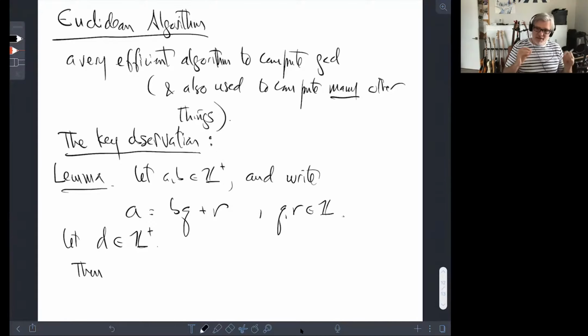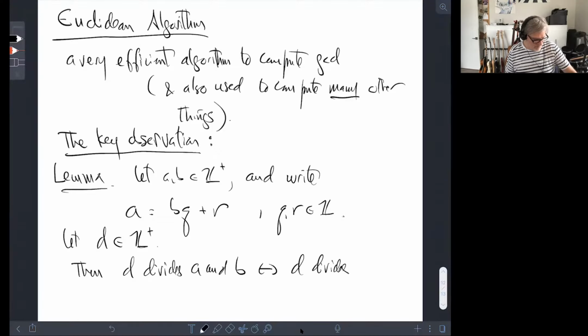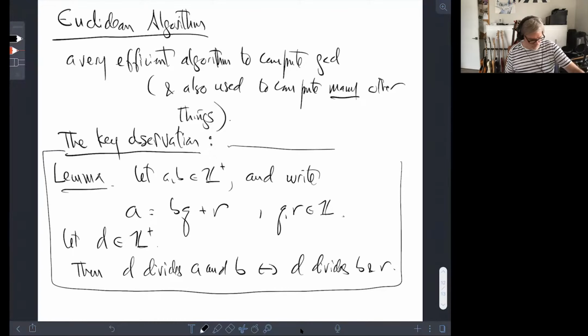What I want to say is this: D divides A and B if and only if D divides B and R. All you have to understand is this, and I'm going to show you why this is true. It's one line. But the whole Euclidean algorithm is based on this fact.